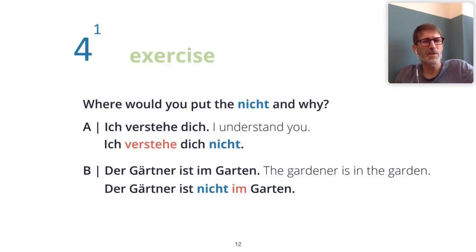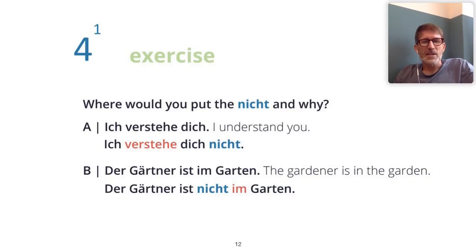Is it in front of something? Then why is it in front of something? Anyone has an idea why the nicht is where it is in B? Or maybe the chat is broken, who knows?